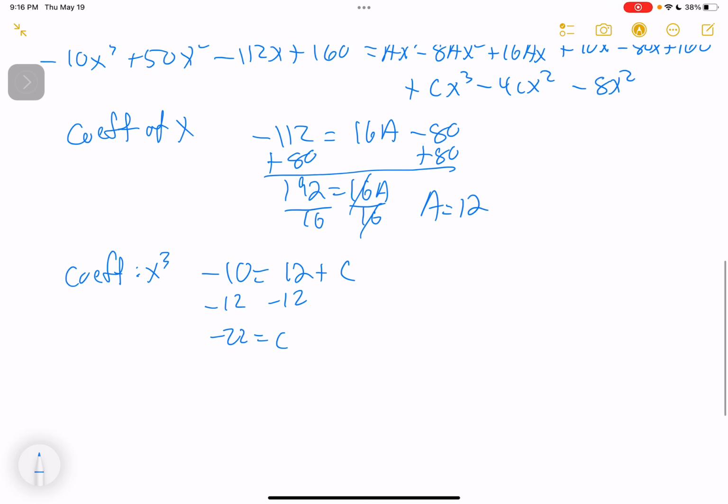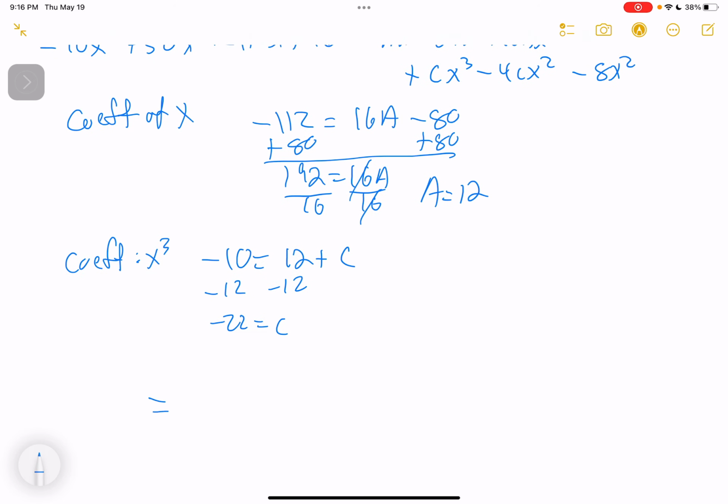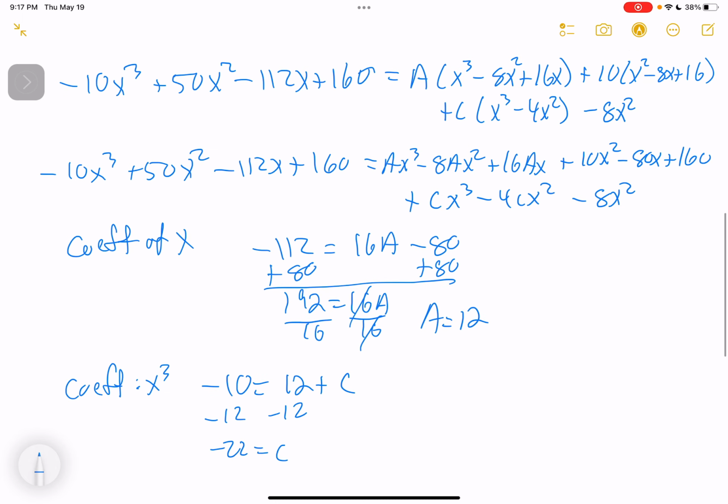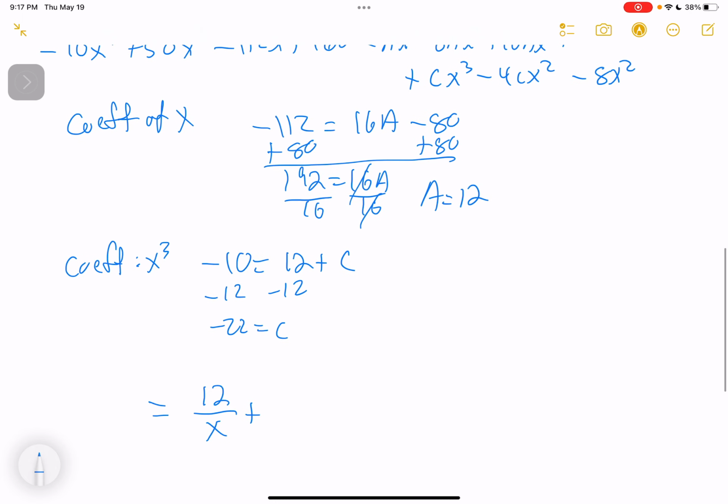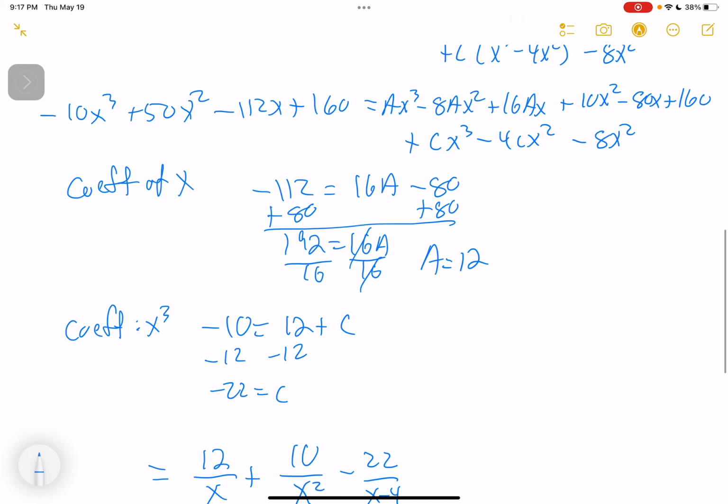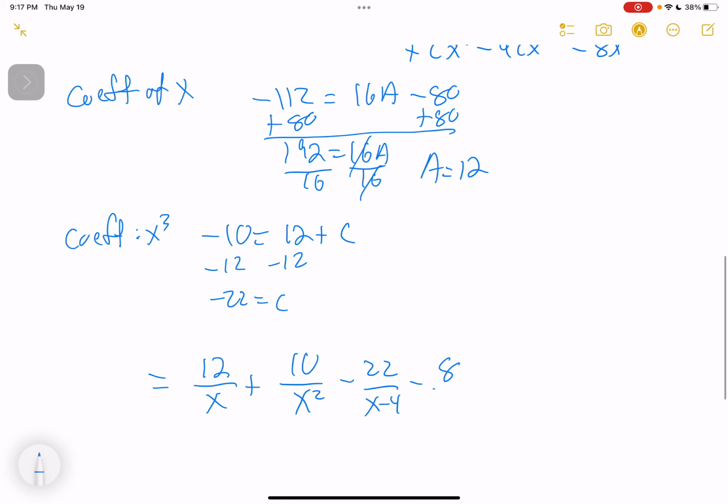So our a is 12 over x, plus b, which was positive 10, 10 over x squared, and then our c, so minus 22 over x minus 4, and then d is negative 8, so minus 8 over x minus 4 squared.